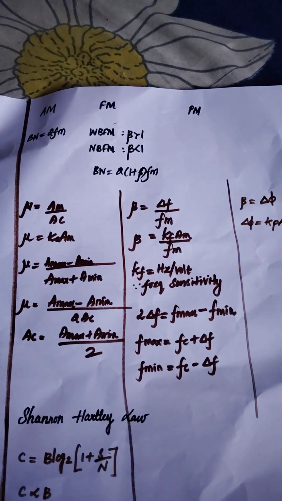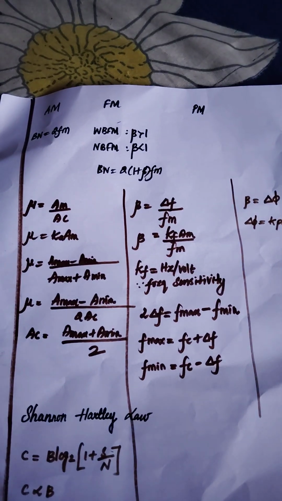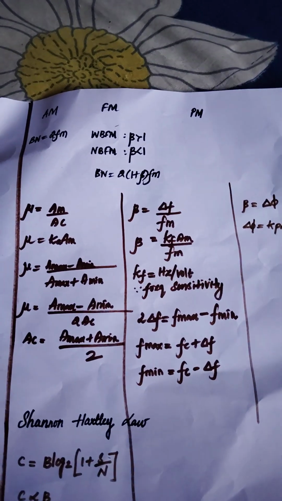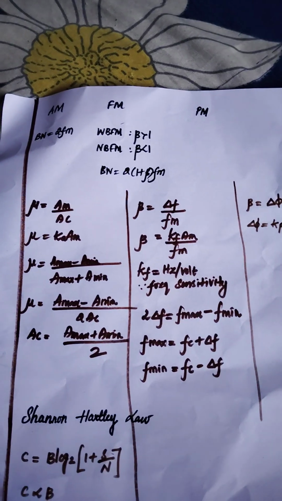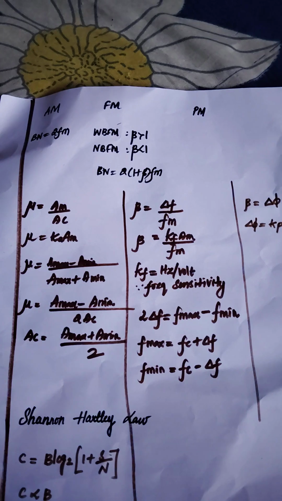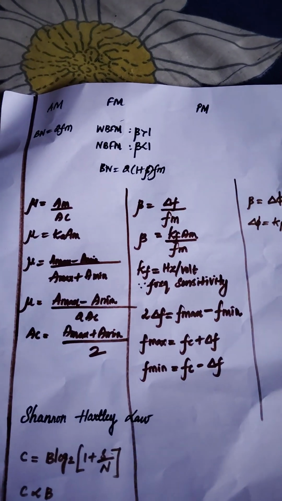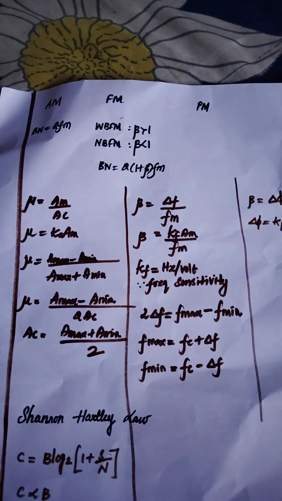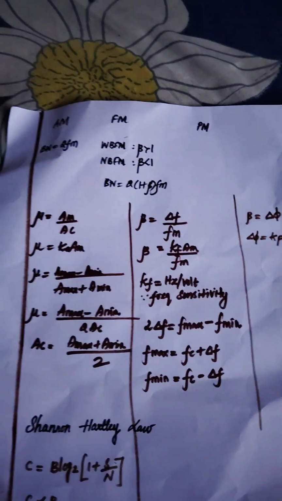And one more thing: FM modulation is classified into two types, depending upon the modulation index. If the modulation index beta is greater than 1, it is a wideband FM. If the modulation index is less than 1, it is a narrowband FM. And the bandwidth is equal to 2 into (1 plus beta) times FM.